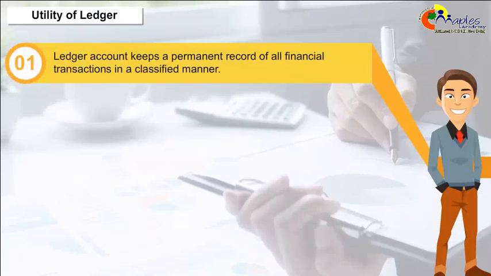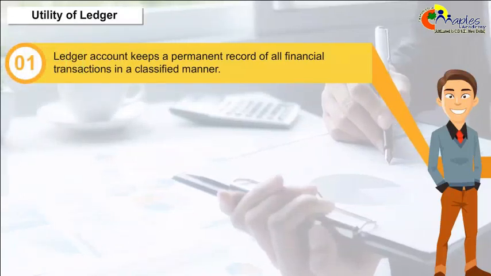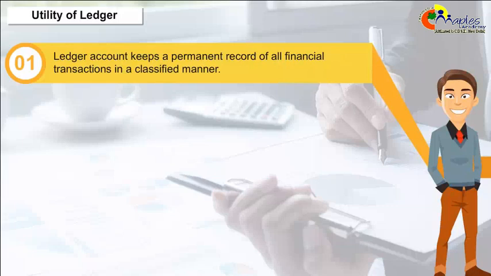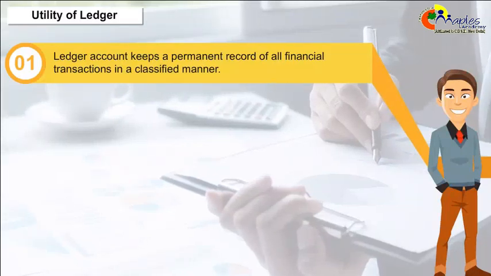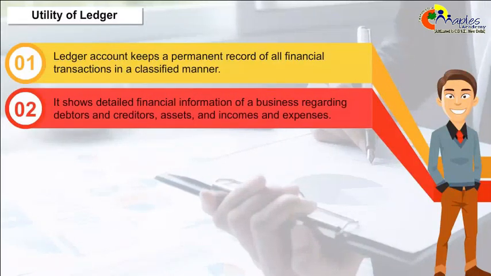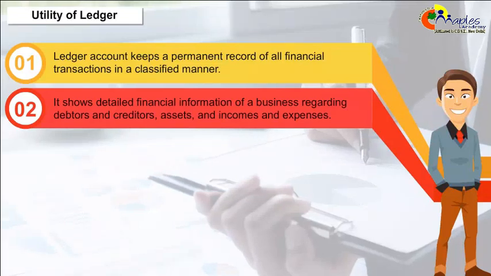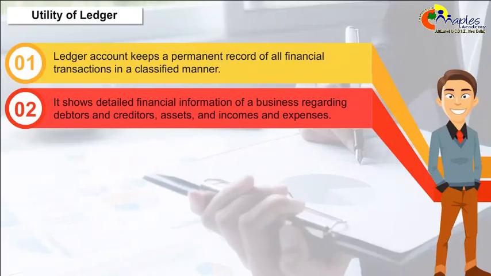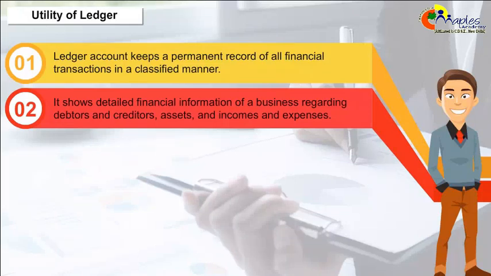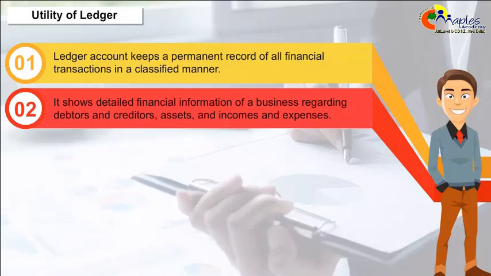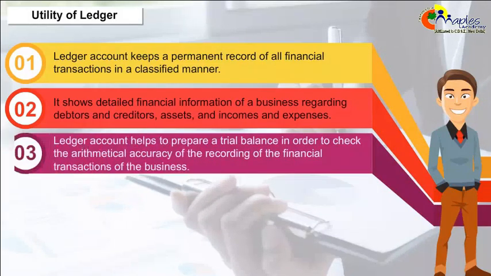1. A ledger account keeps a permanent record of all financial transactions in a classified manner. 2. It shows detailed financial information of a business regarding debtors and creditors, assets, and incomes and expenses. 3.